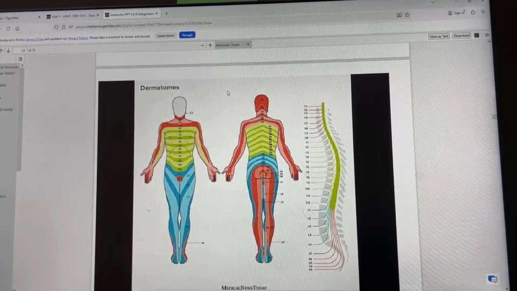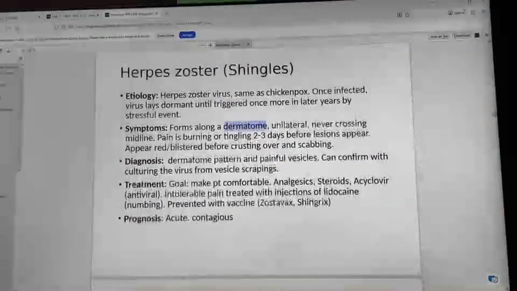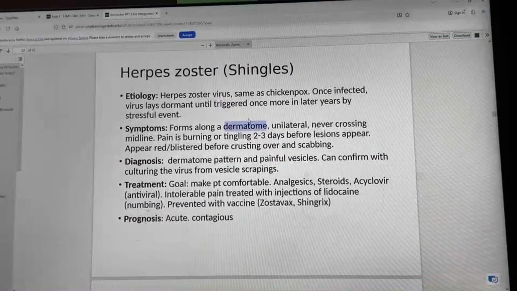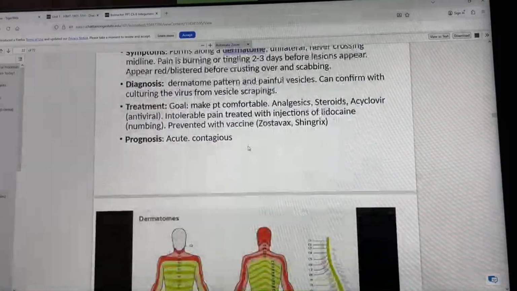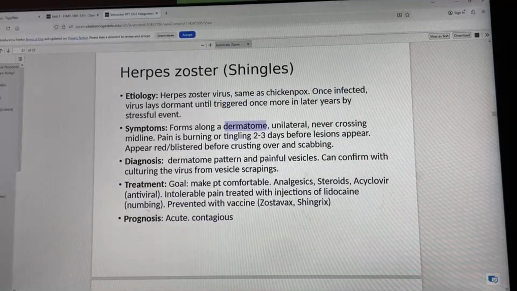So with herpes zoster, I said they lie dormant in your body. They're lying inside those nerves, right? So they live in your nerves, and then when you have the rash later on in life, it will show up on the skin right above that nerve. That's why it says it forms along a dermatome.